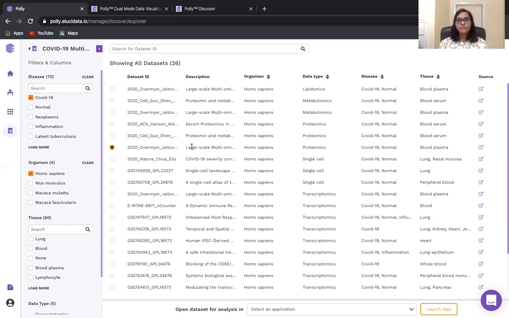Now, before we dive into analysis of these data, let me also walk you through what each of these columns are. Each of these columns here has come from that intelligent processing of different data from different sources that I talked about. Poly takes these data from different repositories, from publications, standardizes the metadata, standardizes the format of these data, and then puts these data in an analysis ready format here behind the data lake.